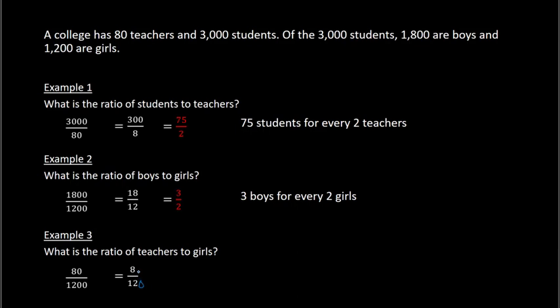And then divide the top and the bottom again by 4. And that's going to give me 2 over 30. So 2 over 30. Which can actually reduce further. Dividing the top and the bottom by 2, I get 1 over 15 as my ratio. So what that means is that for every 1 teacher, there are 15 girls.